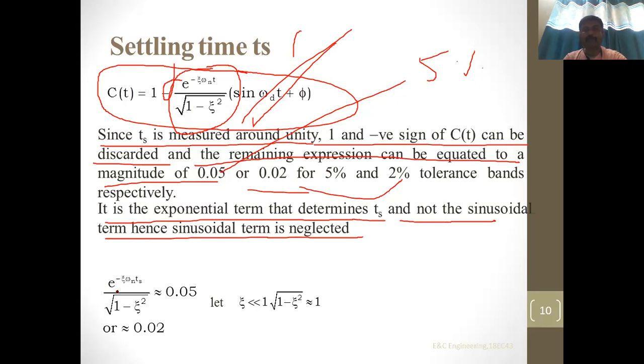Then e power minus xi omega n t, where t is replaced by Ts divided by root of 1 minus xi square, is equated to 0.05, because we go for 5% tolerance. Or I may also equate this to 0.02 for 2% tolerance.